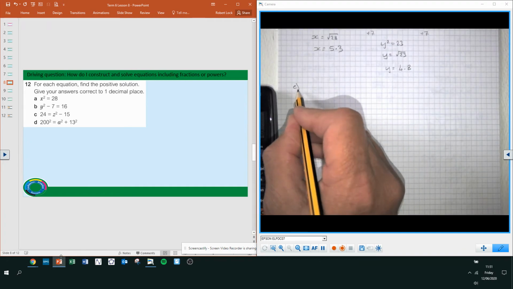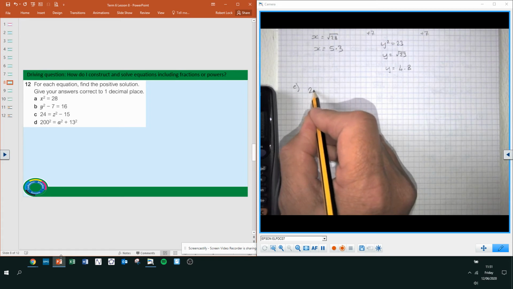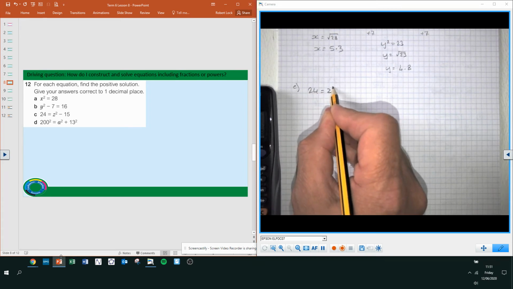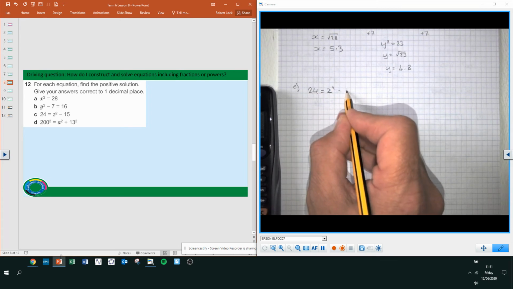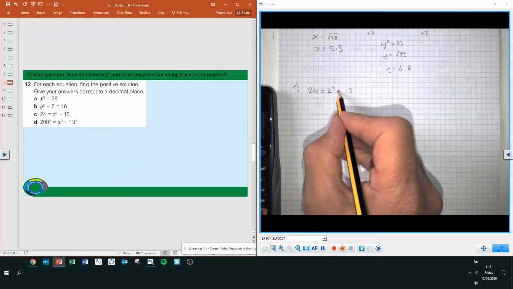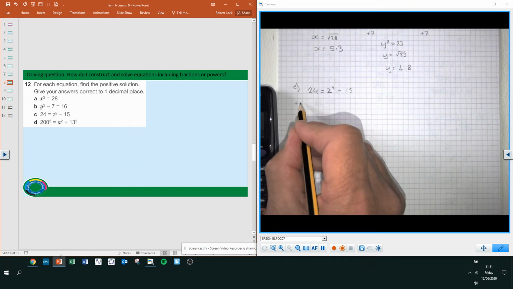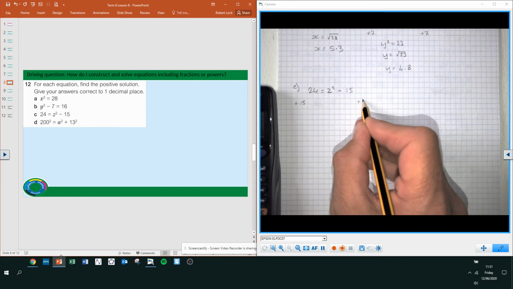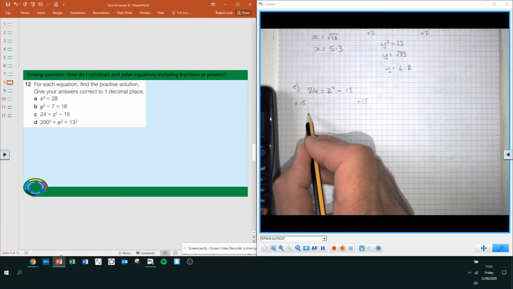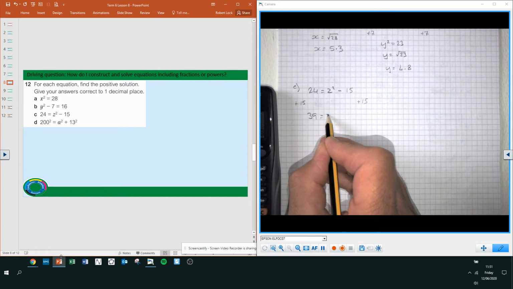C. 24 equals z squared minus 15. We need to add 15 to both sides to get rid of it from that side. So that becomes 39 equals z squared.